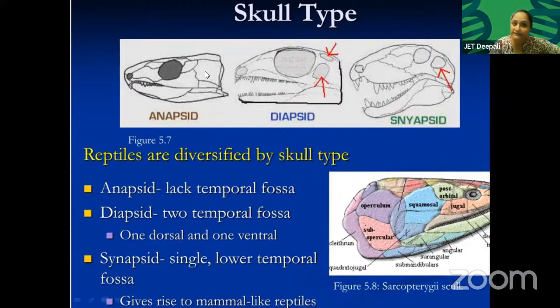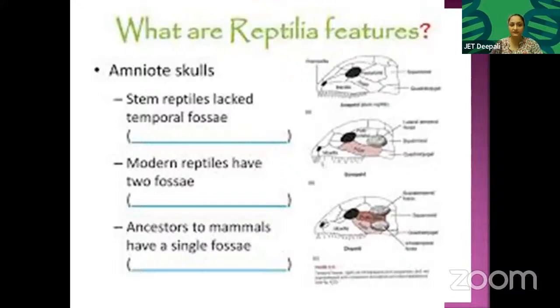Synapsid: a single lower temporal fossa, which gives rise to mammal-like reptiles. Depending on these temporal fossae, they are divided into further subclasses: anapsid, diapsid, synapsid. Now, what are reptile features? See, amniote skulls means they have stem reptiles like temporal fossae.